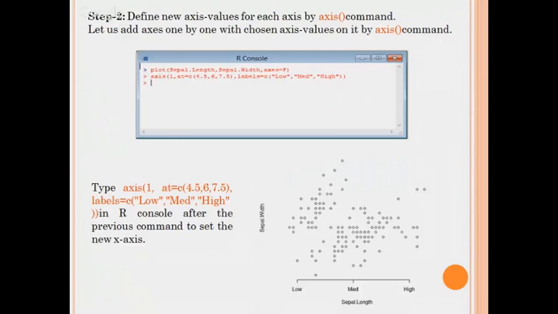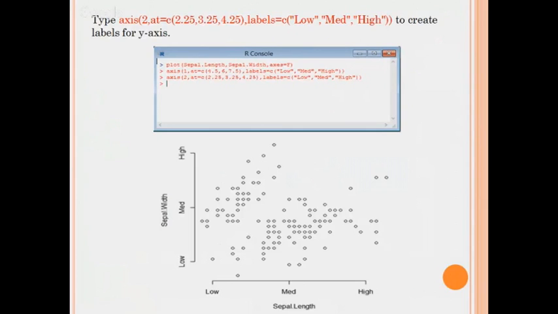If you want to display the same thing along the y-axis, then side equals to 2. Just see here. I have added axis. The first argument is 2, the side of the graph. The bottom of the graph is 1.